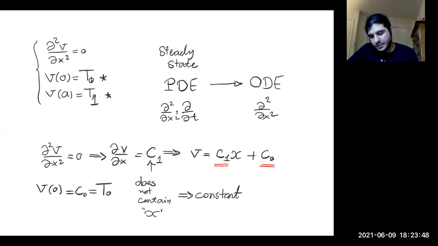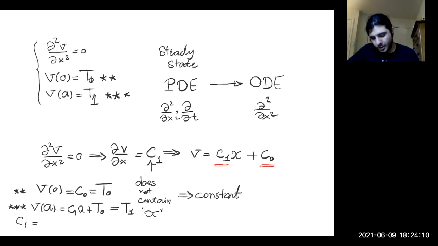Our second assumption tells us v at the point A, which is C1 A plus C0, which we now know is T0, is supposed to be equal to T1. We can compute C1 there. C1 is equal to T1 minus T0 over A. So now we have the values for C0 and C1.